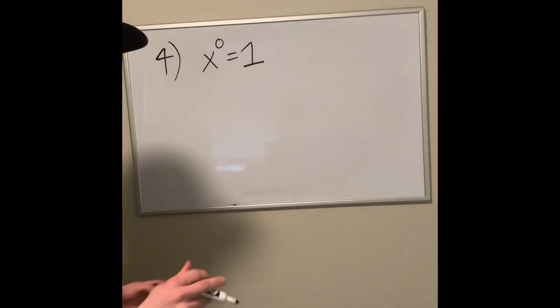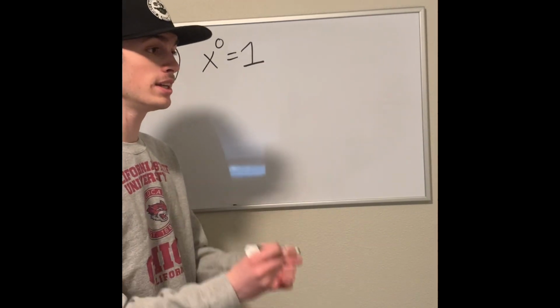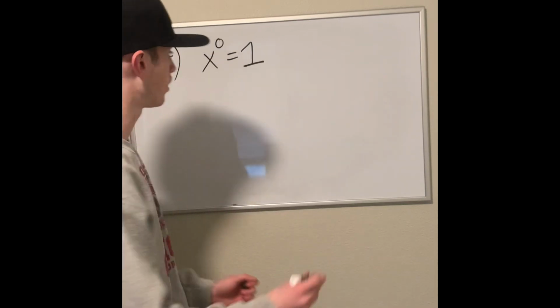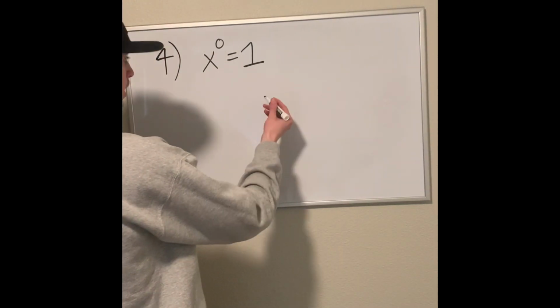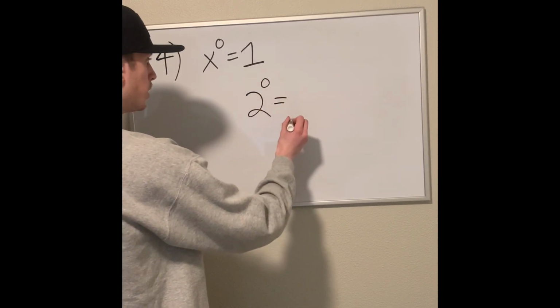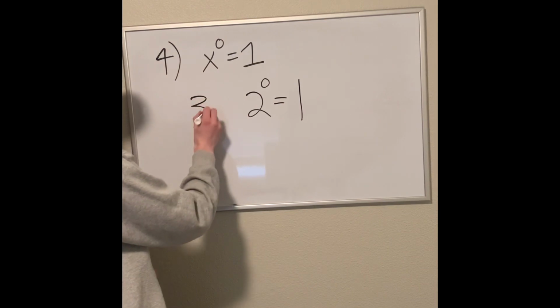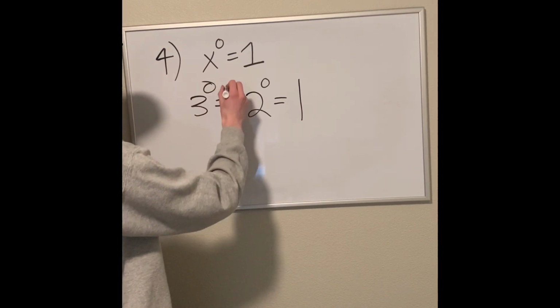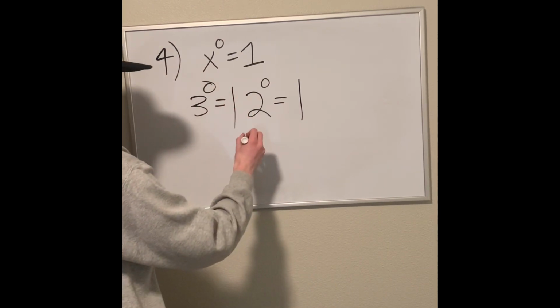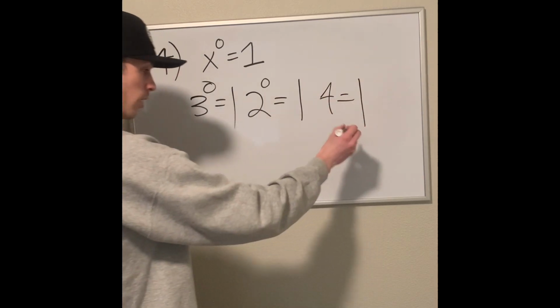The next rule is very, very complicated, so you need to follow each and every step. So, if I take something like 2 and I put it to the 0 power, that will be 1. If I take 3 to the 0 power, that will also be 1, and if I take 4 to the 0 power, that will be 1 as well.